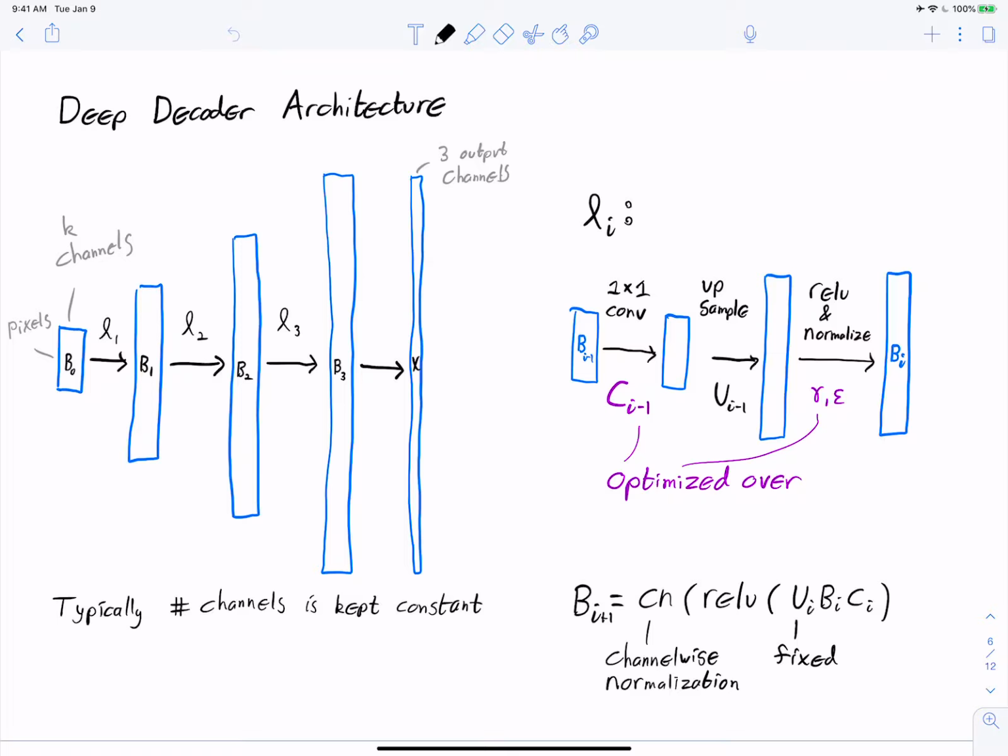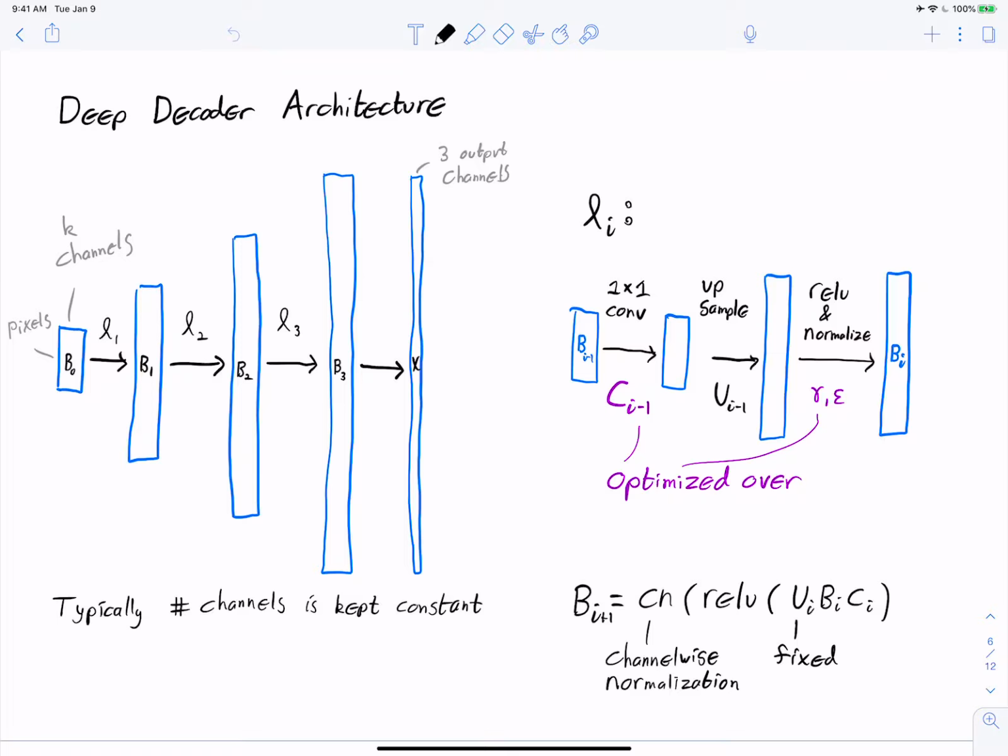So after a one-by-one convolution, the activation map is going to be upsampled using some fixed upsampling operator, which we'll call U_{i-1}. Then after the upsampling, which may double the image in size or scale by some other factor, a ReLU is going to be applied, and then some channel-wise normalization is going to be applied.